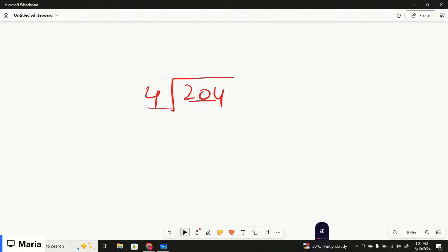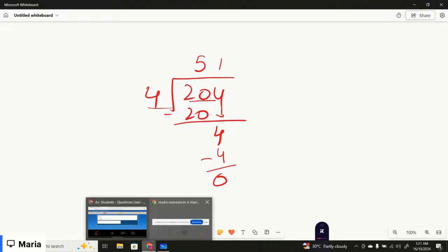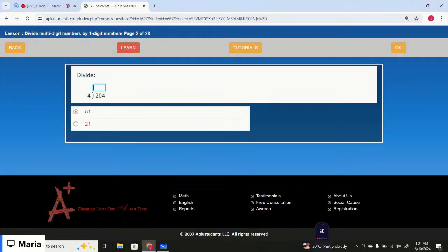So 4 times what number is 20? 4 times 5 is 20, right? You have only one digit left. Bring that down and count 4 until 4. 4 times what number is 4? 4 take away 4 is 0. So that is 51. The correct option is 51. Option number 1 is the correct option.